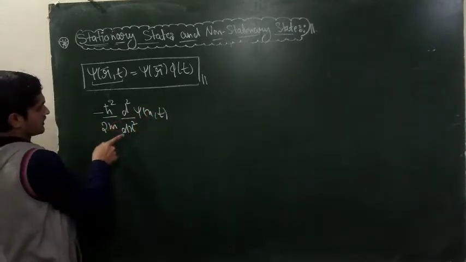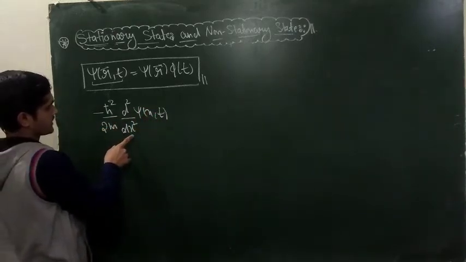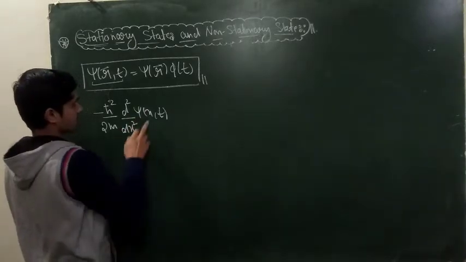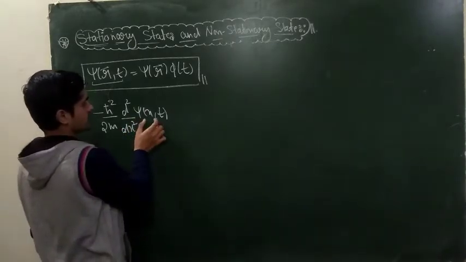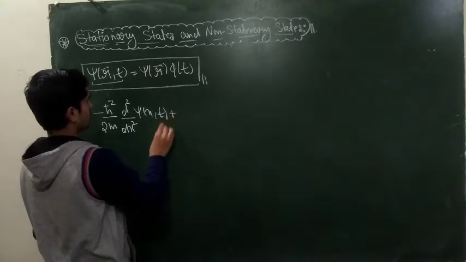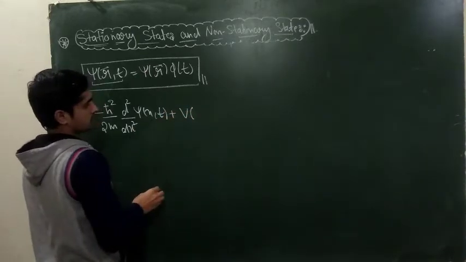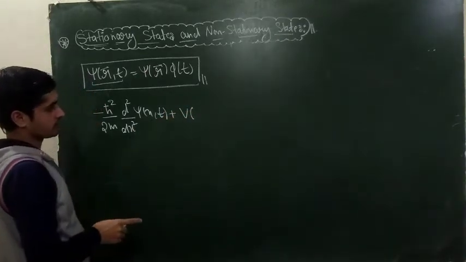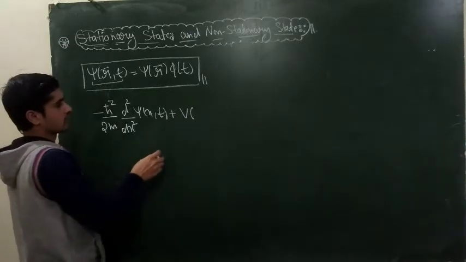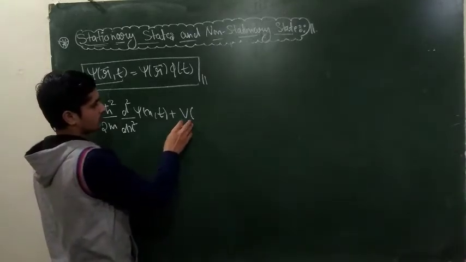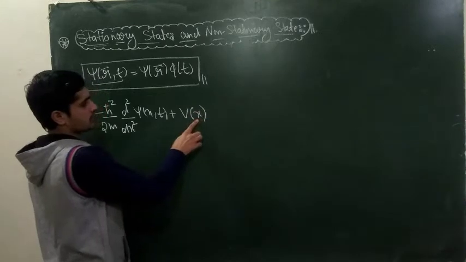It has the double derivative, the space derivative, of the wave function, which is a function of x and t, because I am talking about one-dimensional motion only. And we are assuming that the potential of the problem is just a function of space.